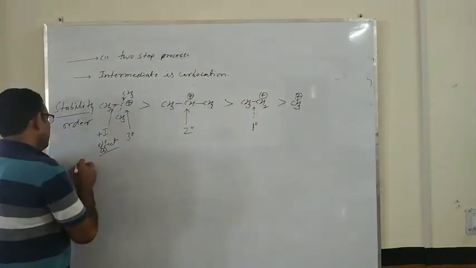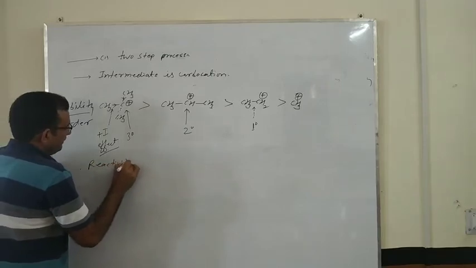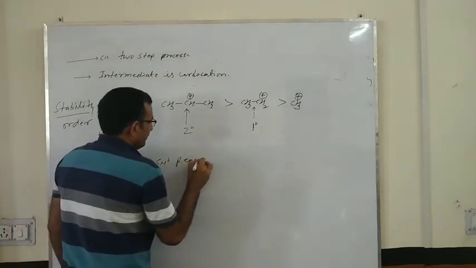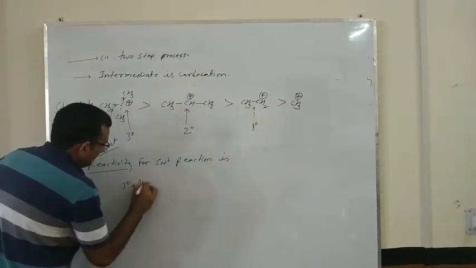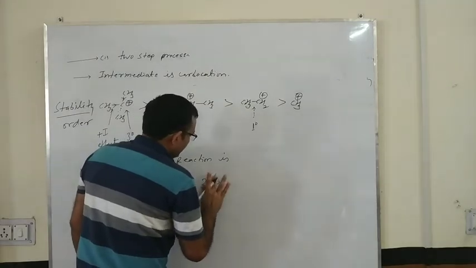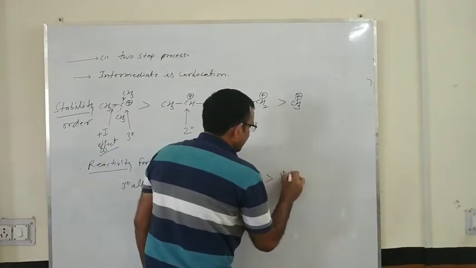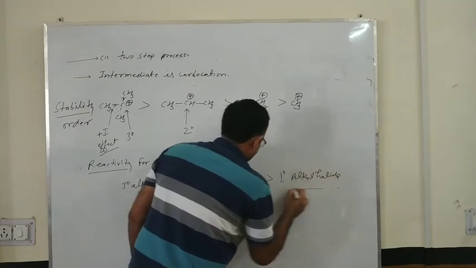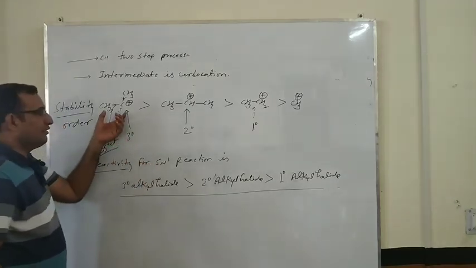So we can say that the reactivity for SN1 reaction is 3 degree alkyl halide, then 2 degree alkyl halide, then 1 degree alkyl halide. 3 degree alkyl halides are more reactive to SN1 reaction because the intermediate is a 3 degree carbocation which is more stable.